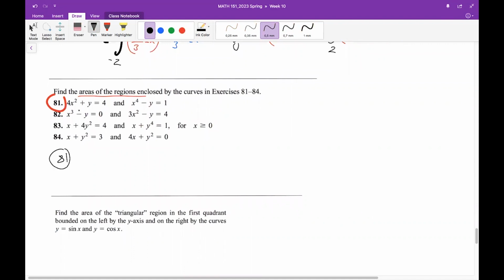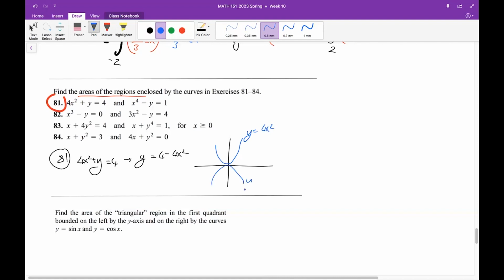So this curve is 4x squared plus y is 4. So y equals 4 minus 4x squared. Let's try to draw the graph of this parabola. It's a parabola and you can obtain the graph of it by doing shifting. So this is y equals 4x squared.